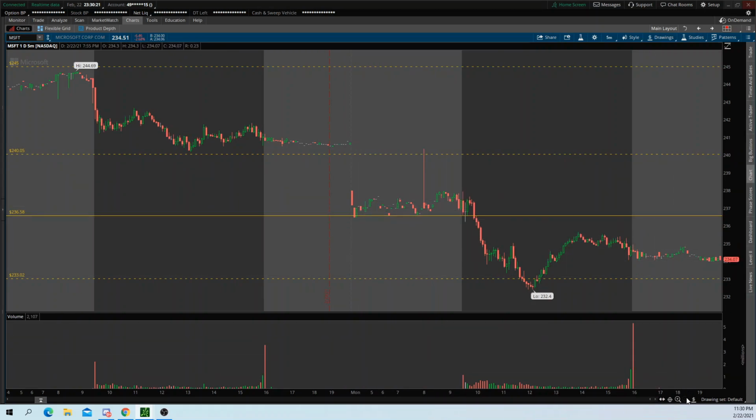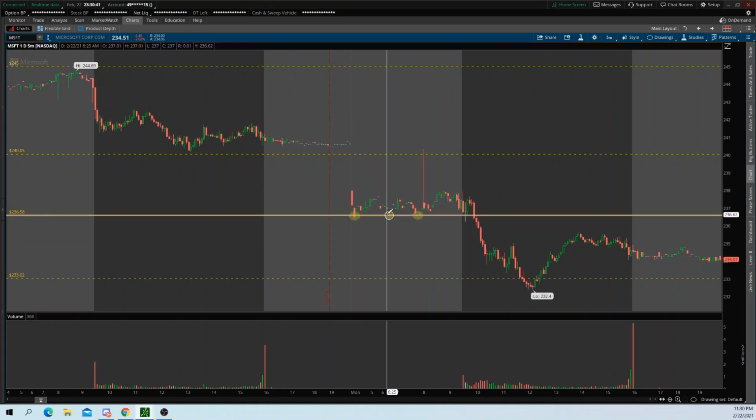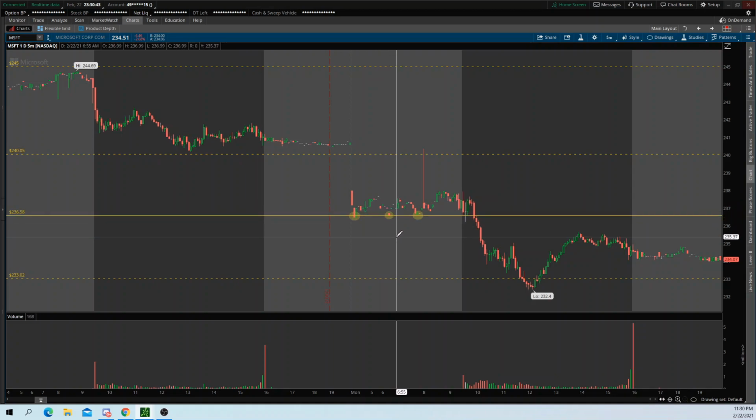As you can see, I'm going to use this oval shape. In pre-market, this solid line acted as support three different times, right? You see there, there, and there. Each time Microsoft came down to around this level, buyers were able to buy it right back up and support the price from moving lower.